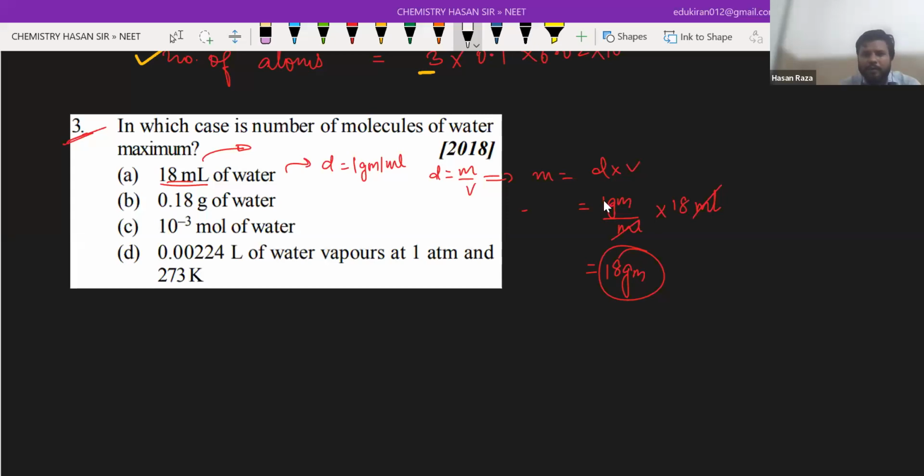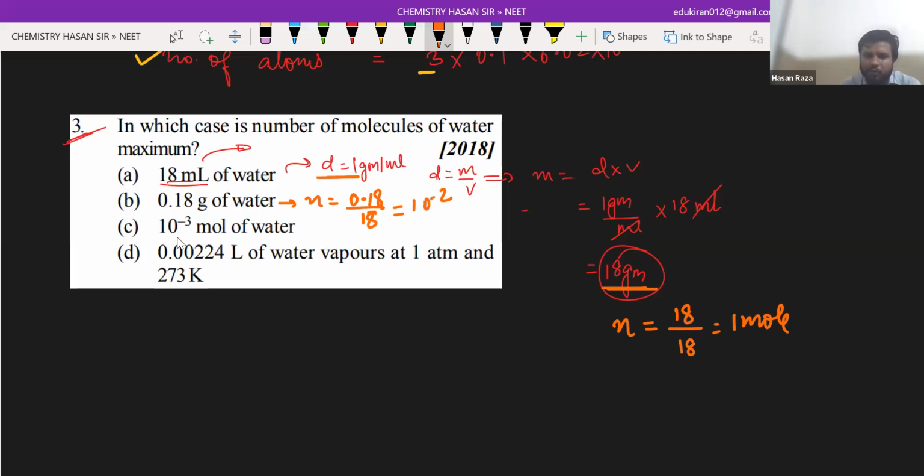Okay, sorry. So everyone knows that, Akib, the density of water is 1 gram per ml. So we can apply the formula and get the mass of water. And if you get the mass of water, you can easily calculate the number of moles. Given mass is 18 gram and water has molar mass 18, so it will be 1 mole. Now, again, if you apply the number of moles, 0.18 gram is the given mass upon molar mass, so the number of moles is 10 raised to the power minus 3.